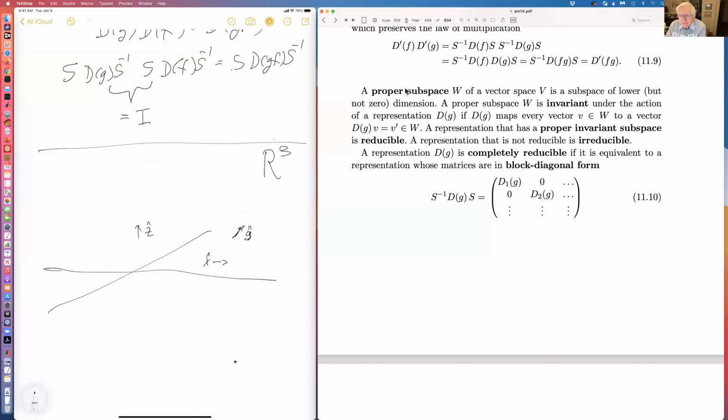And a proper subspace is invariant under the action of a representation if the matrices leave every vector in the proper invariant subspace. So in other words, rotations about the z-axis like this will leave the plane as a proper invariant subspace.